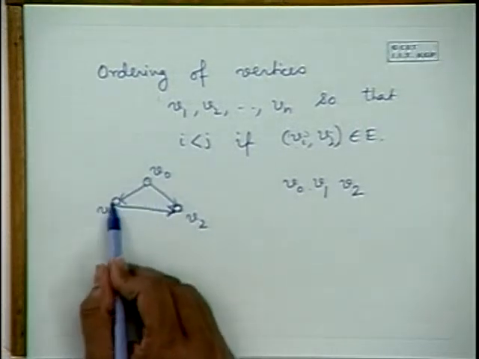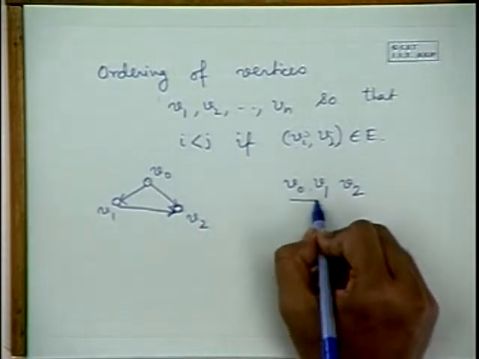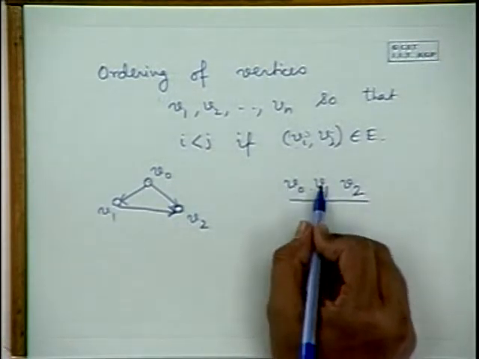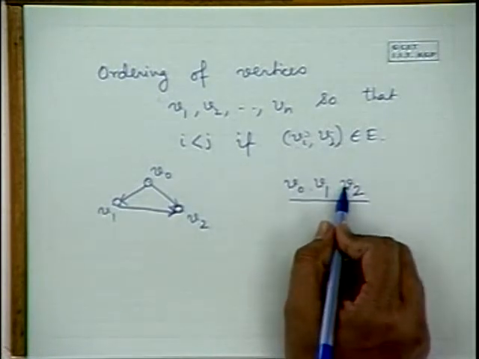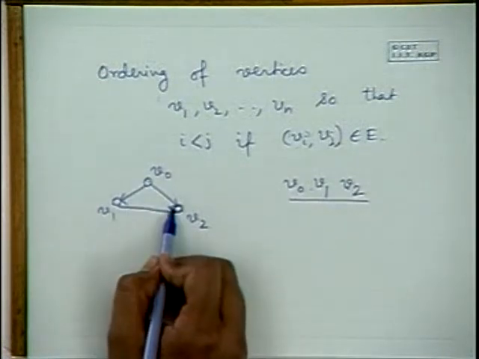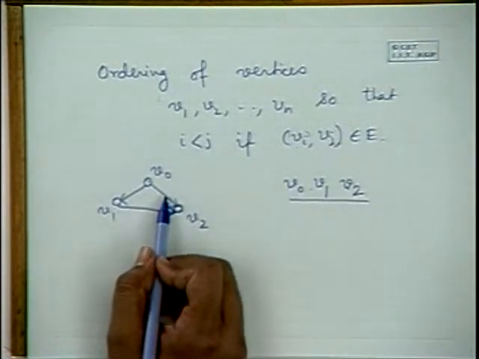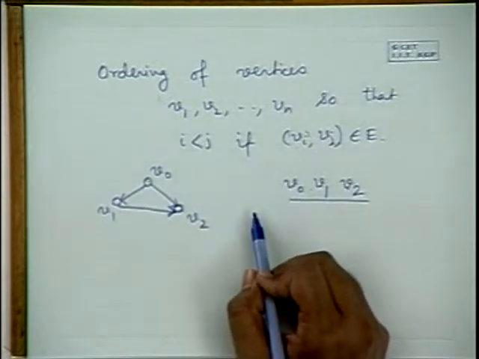Why? If I order these three vertices in this manner, V0, V1 and V2, you cannot have any two vertices which have an edge and the destination appears earlier than the source. It is not happening here.